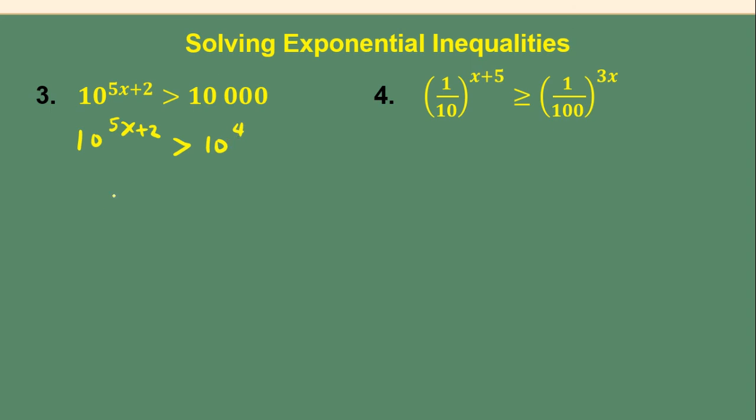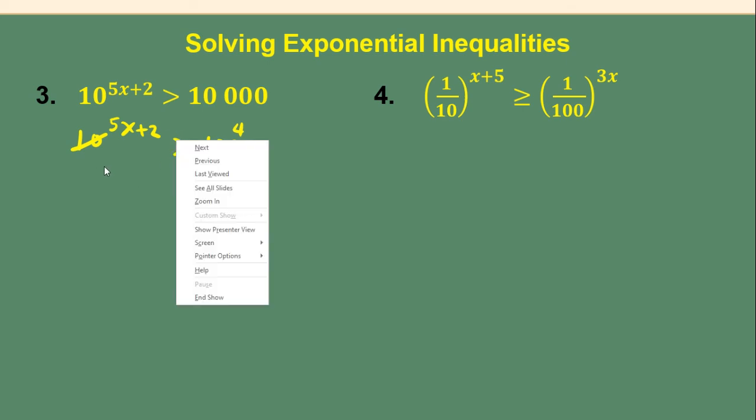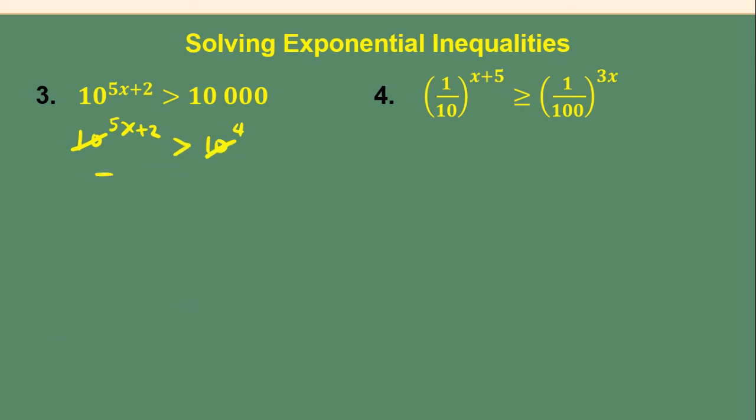Now we have the same base, which is 10, and 10 is greater than 1. So retain the inequality symbol. Copy the exponents. So we have 5x plus 2 is greater than 4.